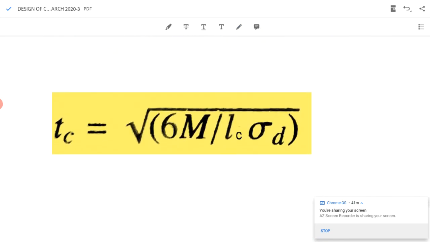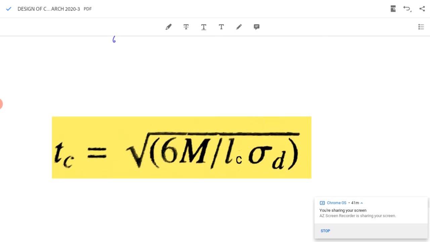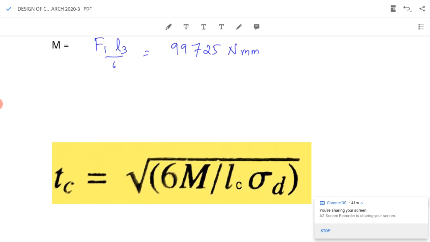Tc equal to root of 6M by Lc into sigma d. So we have found the value of M equal to 99,725 Newton millimeter. Length of the crank pin was 56.71 mm.